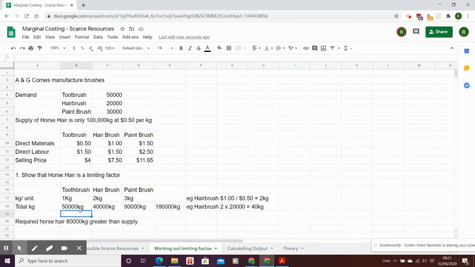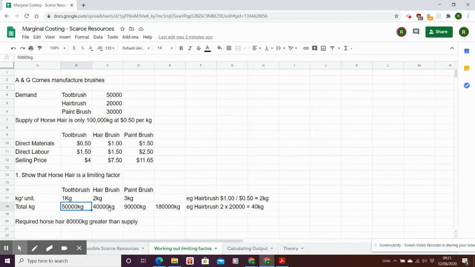And what we then do is we calculate the amount of kilograms we need for our total production for each product. So we do 1 kilogram times 50,000 gives us 50,000 kilograms for toothbrush. Okay, 40,000 kilograms of hairbrush and 90,000 kilograms of paintbrush.